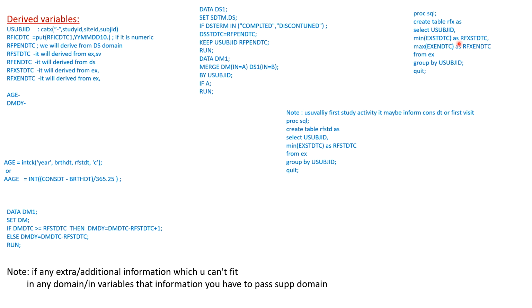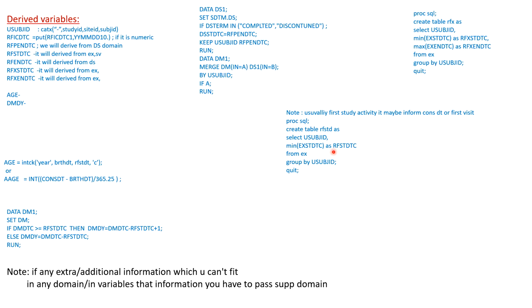Here I used PROC SQL, but even with a DATA step using first dot last dot we can create both variables. The same way RFSTDTC. RFSTDTC is nothing but the study start date, or the reference study start date.